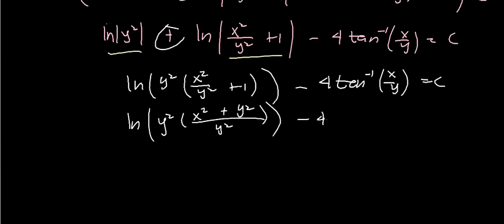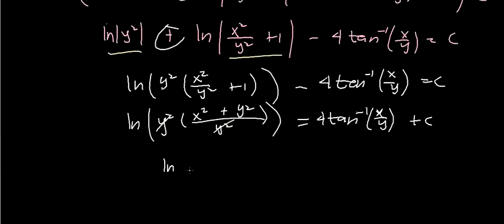Let me move this negative 4 arctangent to the other side. Then from here you can cancel out y squared.